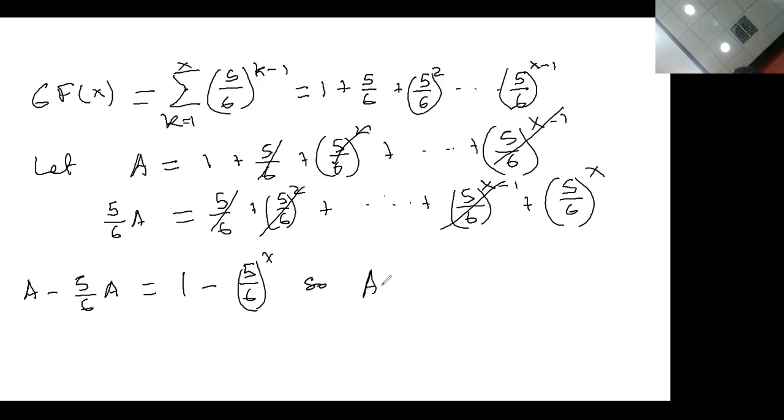So A is not a very nice expression. It is 1 minus 5/6 to the x divided by 1/6, which is 6 minus 6 times 5/6 to the x.